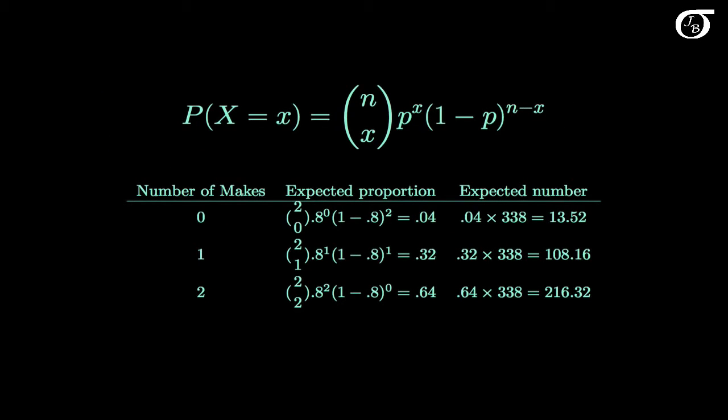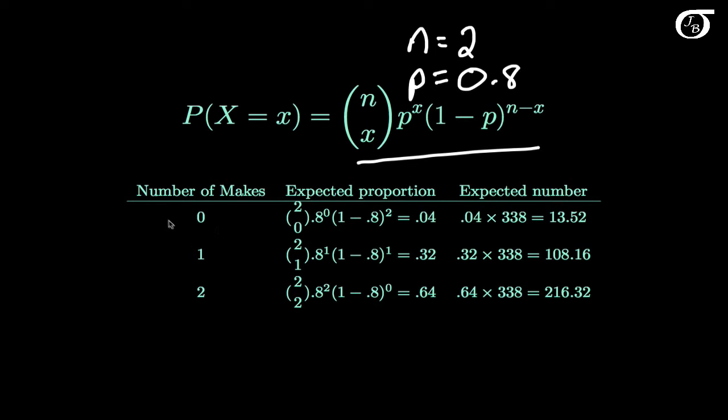Now let's calculate the expected counts under the null hypothesis. Or in other words, let's calculate what we would expect to get on average if the null hypothesis were true. Here's our binomial formula, and we are working with an n of 2, and the hypothesized value of p from the null hypothesis is 0.8. And so we are going to use this binomial formula for these different numbers of makes.